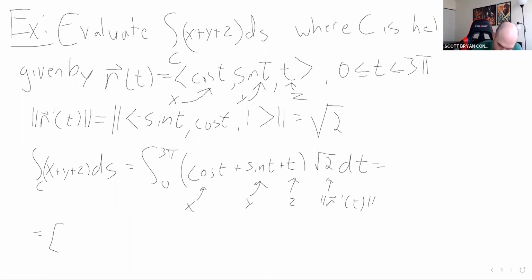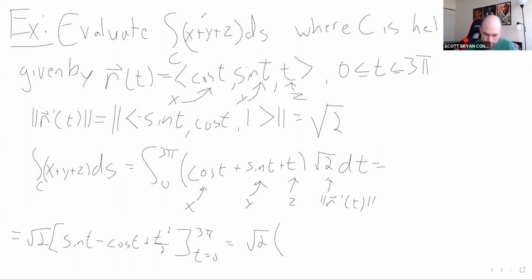Okay, so cos t, when we integrate, becomes sine t. Let me pull this root 2 out, because everything's being multiplied by root 2. We can't forget about the root 2. Sine t, when we integrate, becomes negative cos t. And t becomes t squared over 2. And we're evaluating from t equals 0 up to 3 pi. Okay, sine t at 3 pi and 0 is 0.